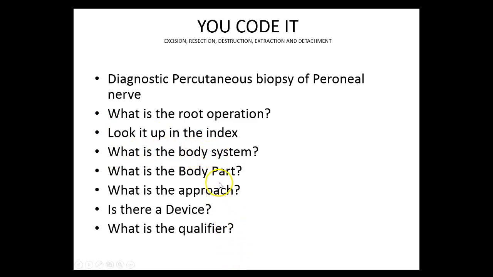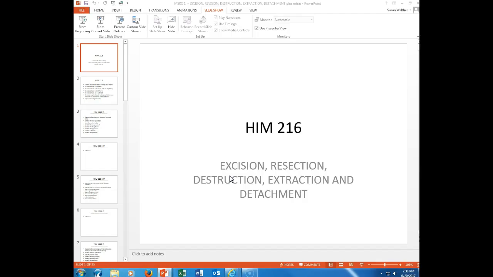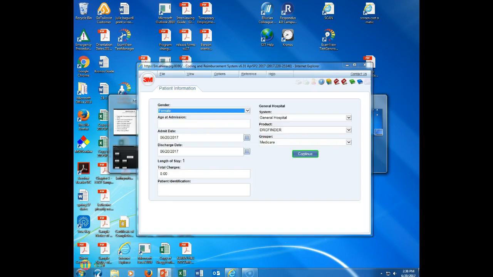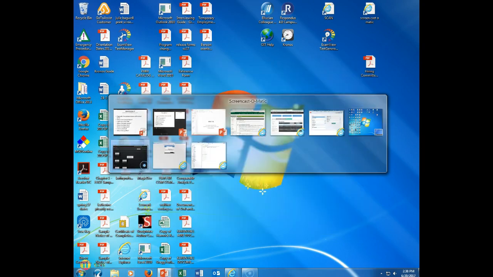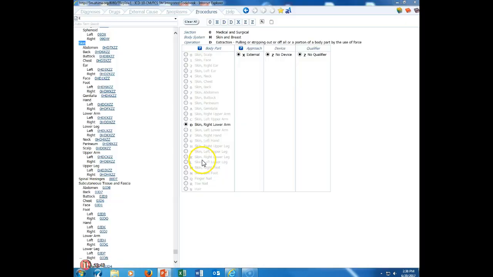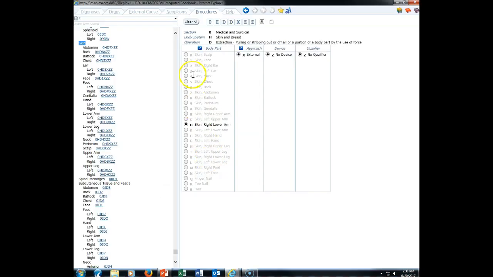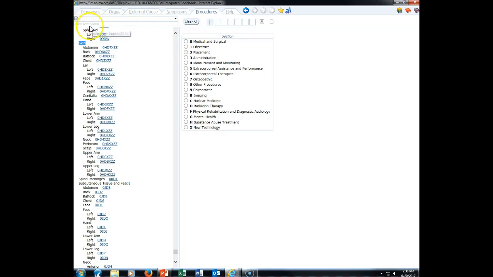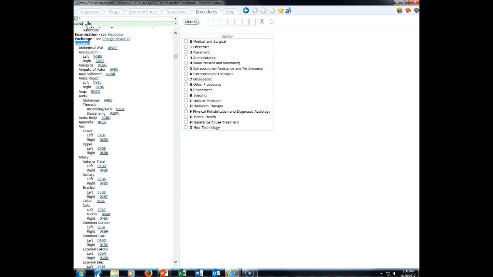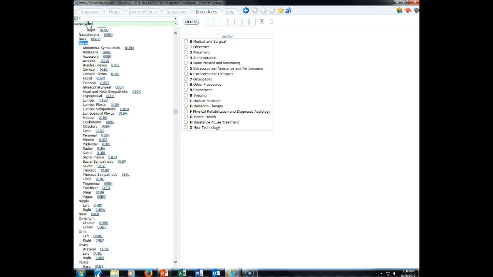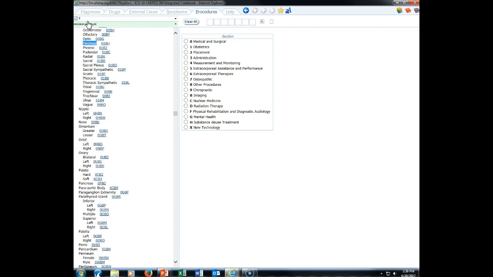So I'm going to pull up the table. We are going to do excision, nerve, and peroneal.